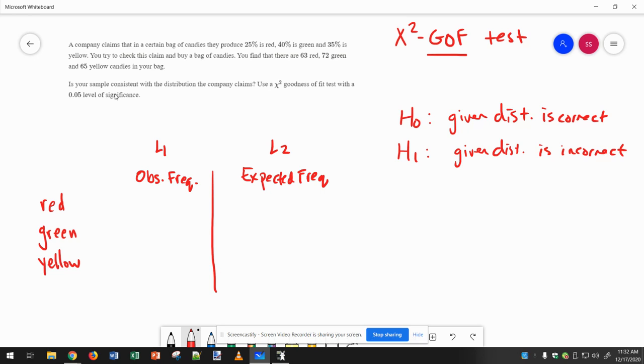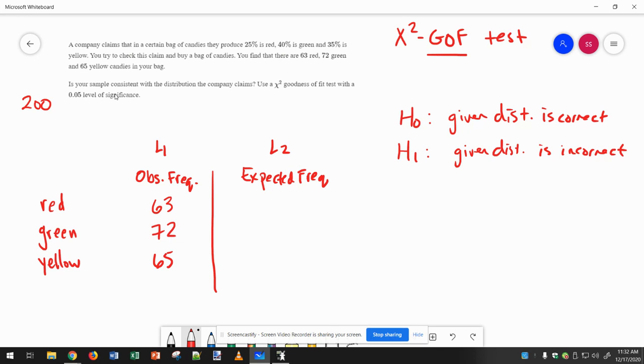Now we have to figure out the total. Sometimes it tells you the total amount, but here we just add 63 plus 72 plus 65 and we get 200. The observed frequencies are already given, so we can put those in the table as is.